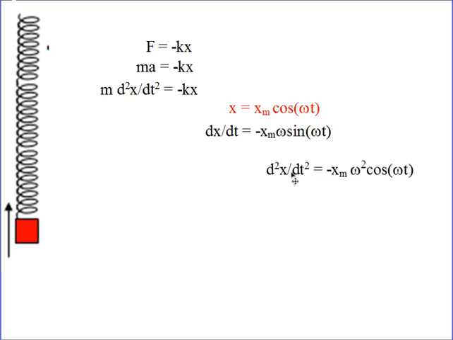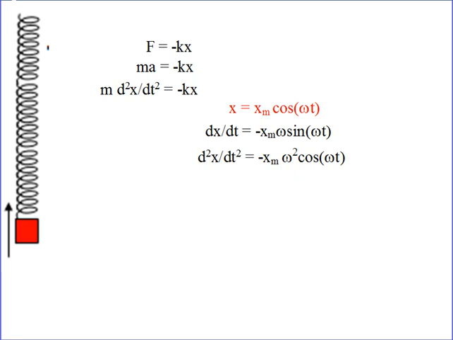And if you take the derivative of that, that is the second derivative of position with respect to time, we do get the derivative of sine is again cosine, so that negative sticks around, and then you have to take the derivative of what's inside, which contributes another omega, and we end up with this omega squared here.